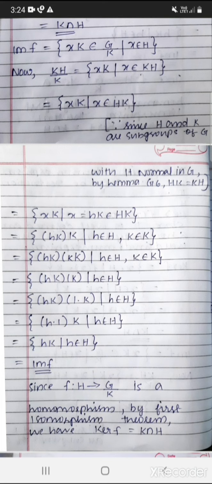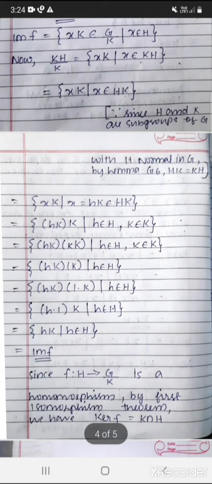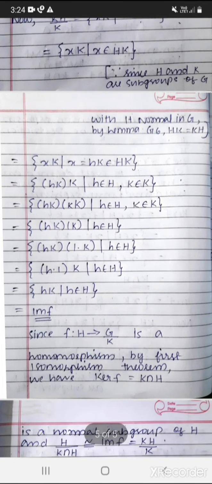I am taking 1 and h together and keeping k apart. So which is equal to h into 1 by the property of cosets, h into 1 into k. h into 1 is nothing but h, so we get hk with h belongs to capital H. This is nothing but the definition of the image of f, which is equal to the image of f.